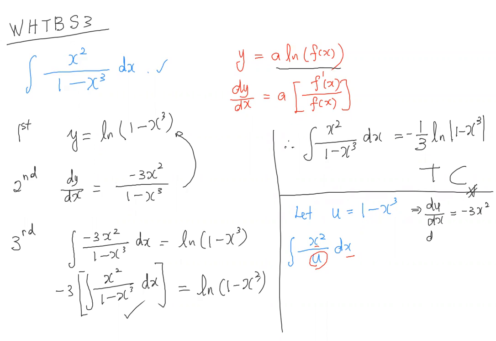If I rearrange this, isn't it now I can substitute x squared dx with negative 1/3 du. Am I right? So now I substitute in. So now all in variable u. Am I right?